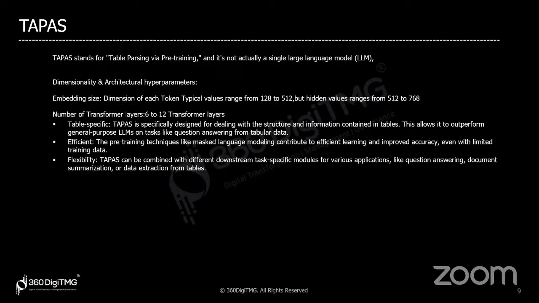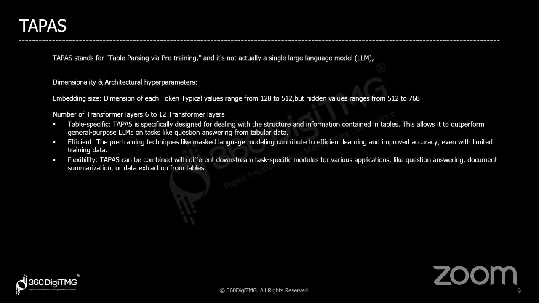As the name suggests, TAPAS means table parsing, so it is for tabular data. Unlike general purpose large language models, TAPAS is optimized to understand and work with the structure and content of tables, making it particularly effective for tasks like question answering from tabular data.